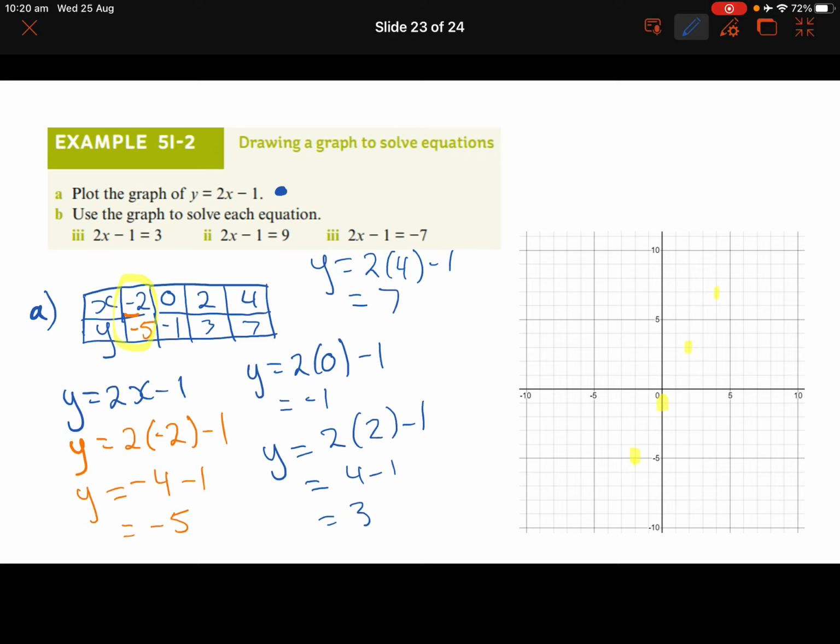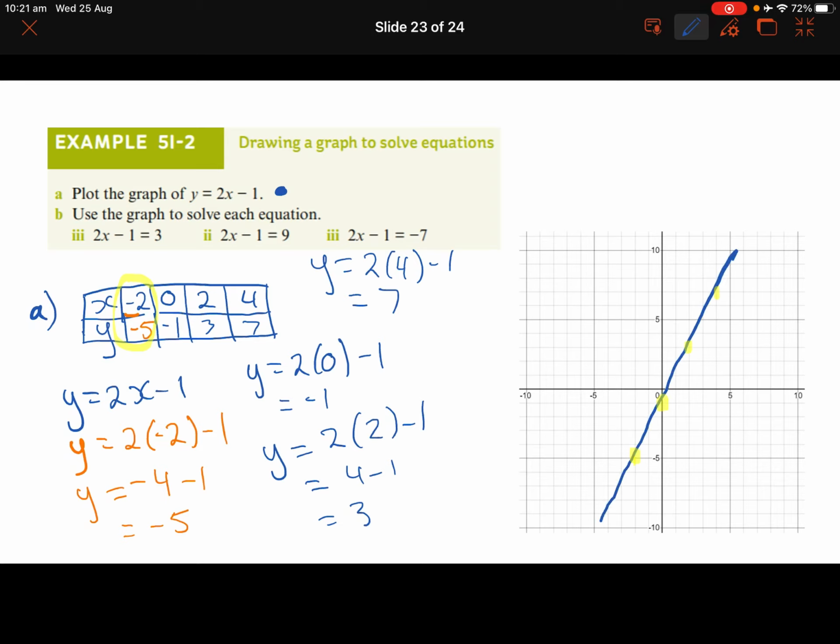Now, I'm trying to find a ruler near me. It's really important to get this right, because if you're reading off the graph, it needs to be as accurate as possible. So I've got my iPad cover here, so just give me a second. I'm just lining them all up as accurately as I can, so I can get a nice accurate line that runs through them.